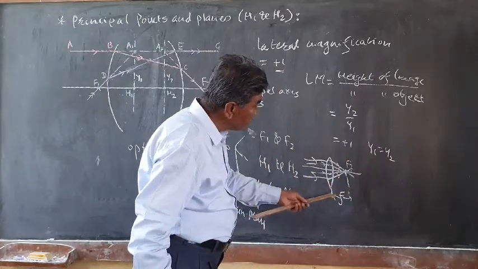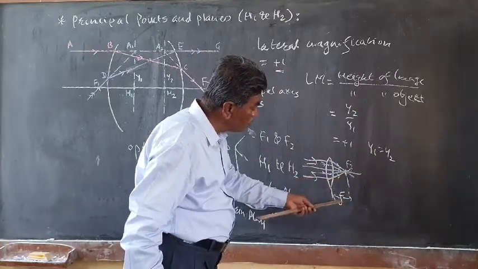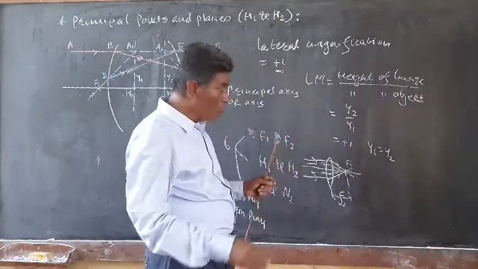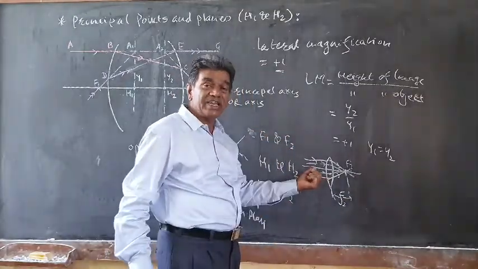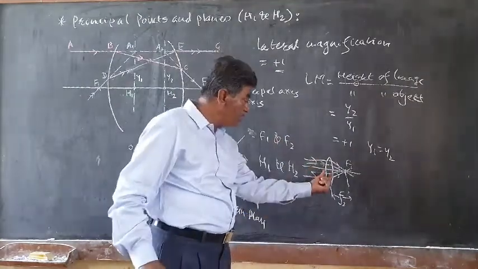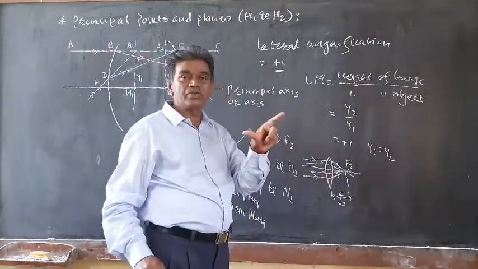This distance from the lens to this sharp point, where all these rays are concentrated, is known as the second focal length of the lens system. This is in the case of a thin lens or single lens, but when the lens is a thick lens, we will take into account the thickness of the lens.